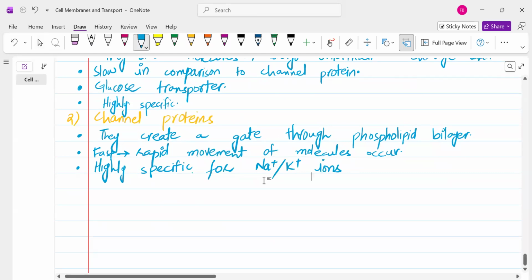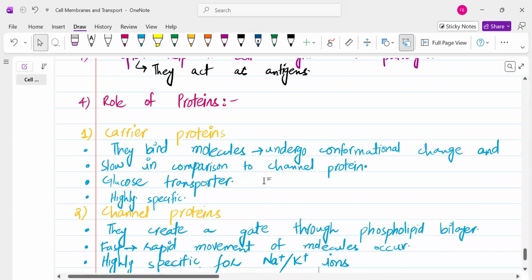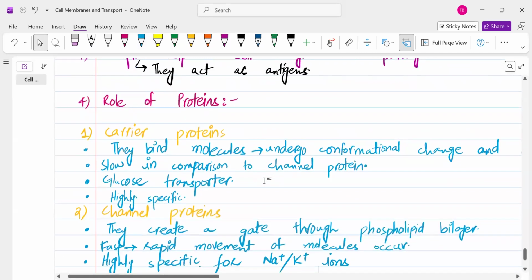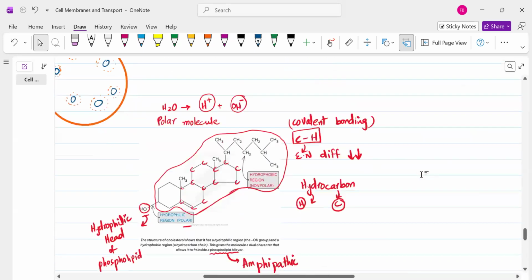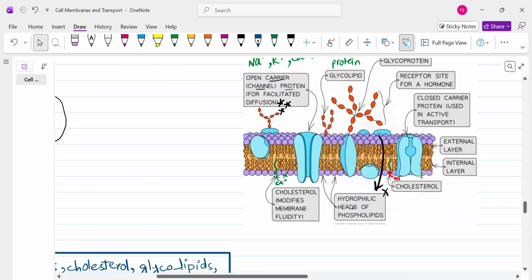I hope you are clear with the difference of these and the role of the proteins present in the membrane. And how these proteins are present in the cell membrane: if you see this diagram over here, these are present throughout the cell membrane.